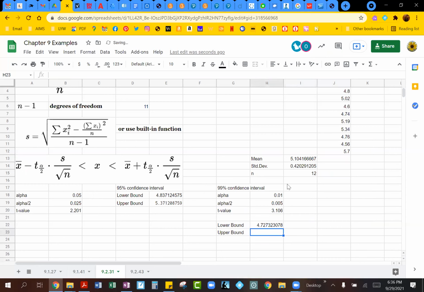And you can see there's just a slight difference in the values we got from the 95% confidence interval to the 99% confidence interval. So again, keeping everything the same, just change the minus to a plus, and you've got 4.73 to 5.48.